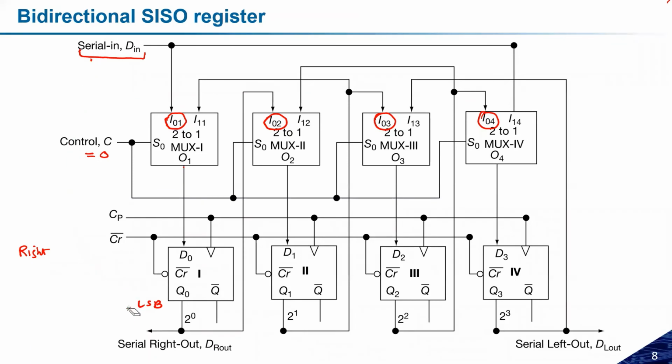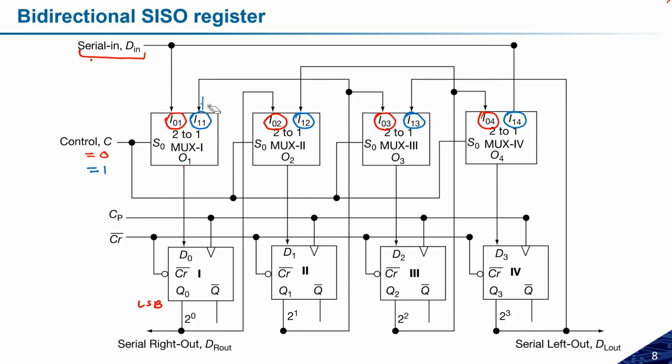Now let us talk about the other case. If control is equal to 1, then this one, this one, this one, and this one will be selected. Whatever input I have here will be taken out here.